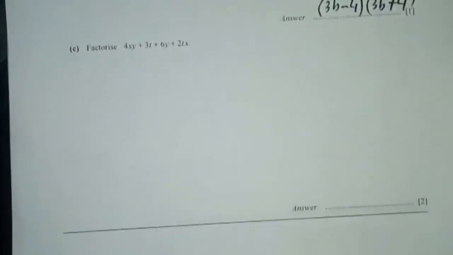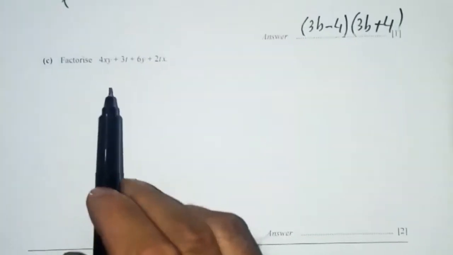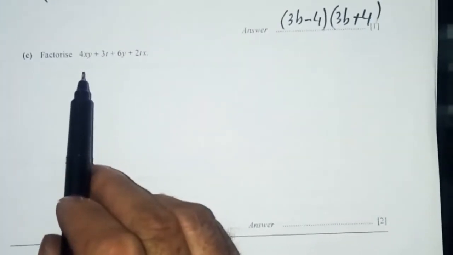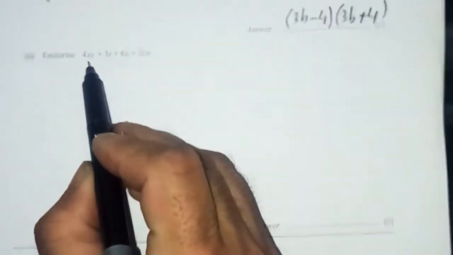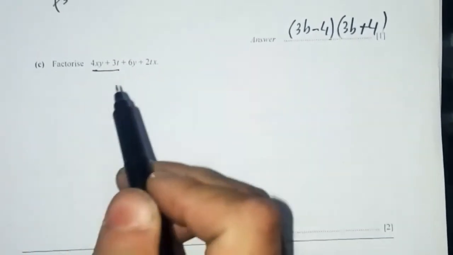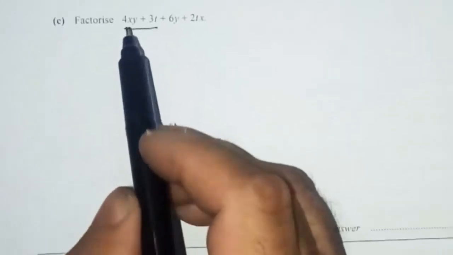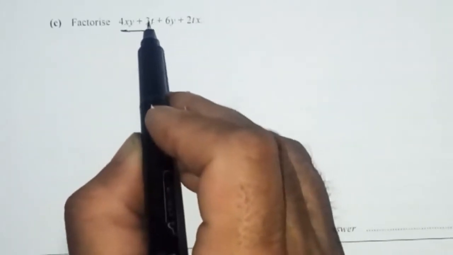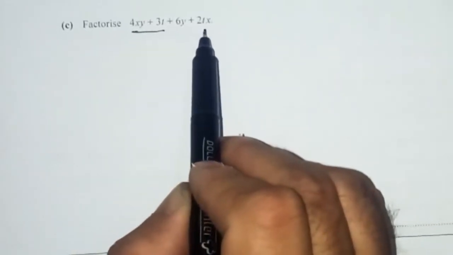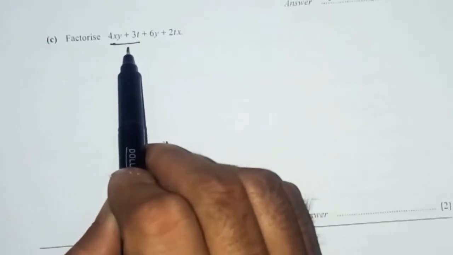In the C part, we have to factorize again, and look here, this is a little bit tricky question. So we have to take common. There are 4 terms, 1, 2, 3, 4. When there are 4 terms, we arrange them in groups of 2.